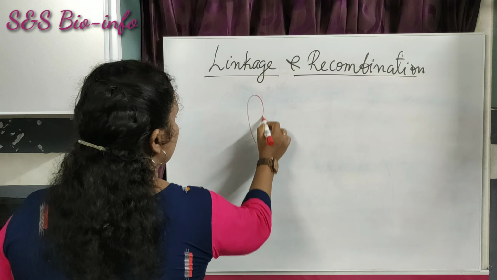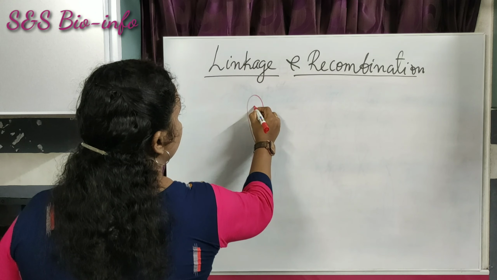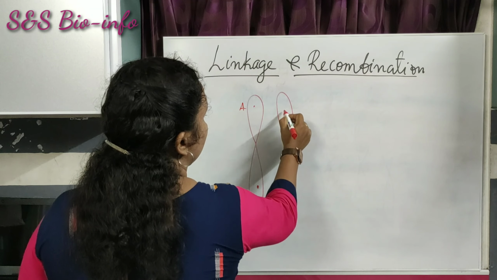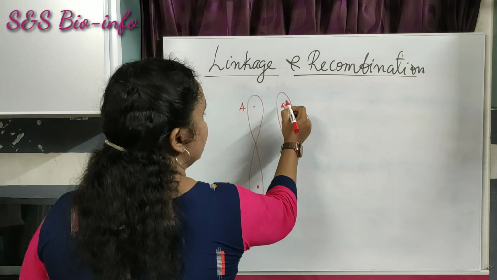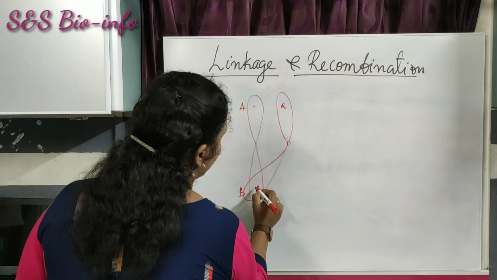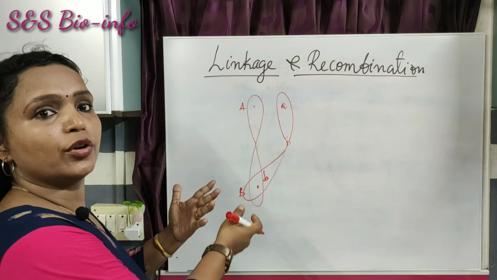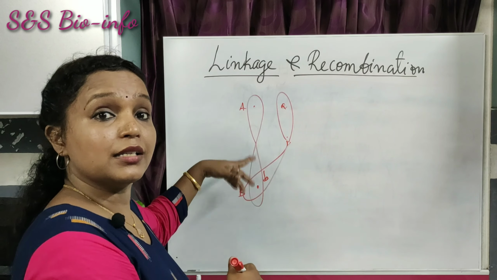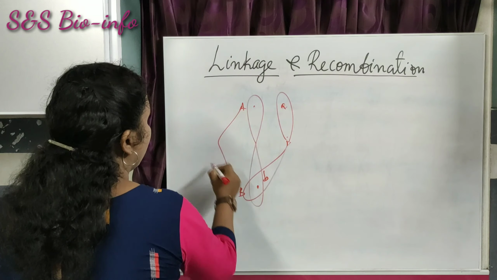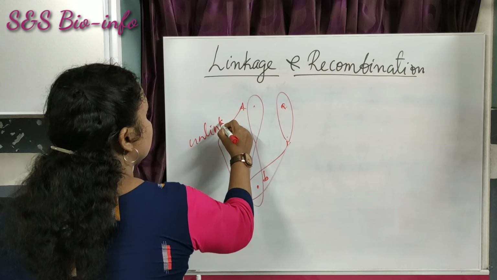Suppose one chromosome has two genes A and B, and another chromosome has one gene A, and here there is a chance of crossing over with this B. If it is distantly located, these are unlinked genes.